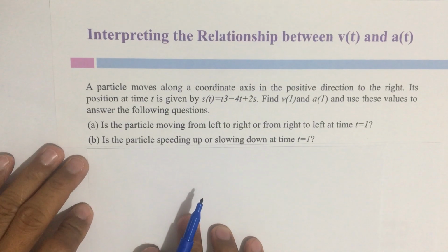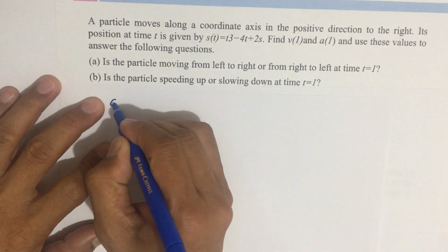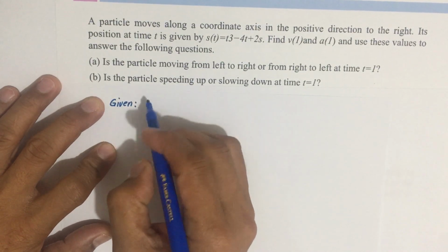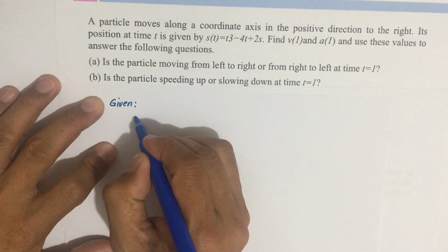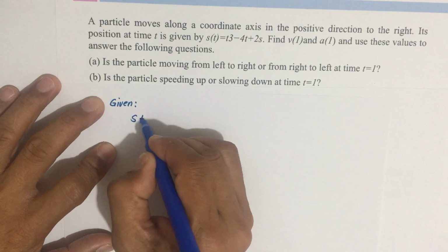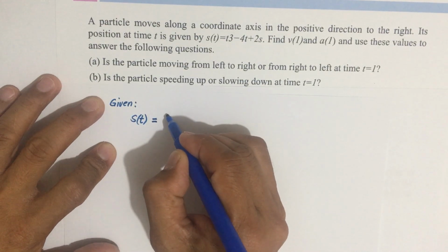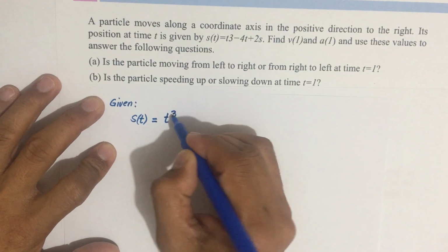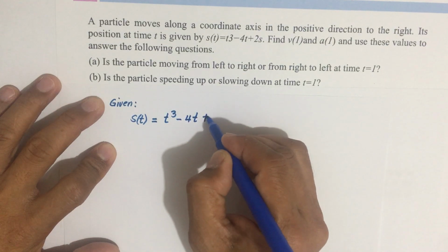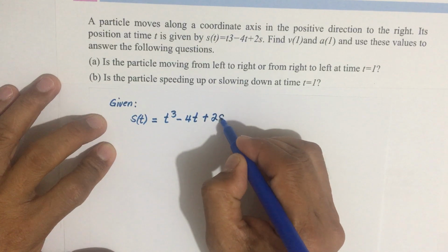Right, so in our problem we are given the position function, s of t equal to t cubed minus 4 times t plus 2 times s.